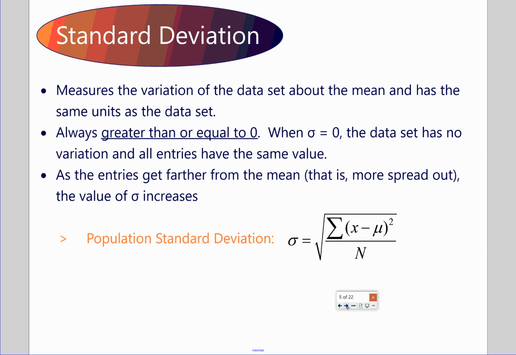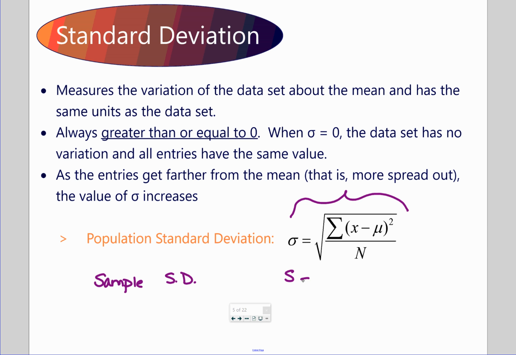Standard deviation, all we do is take it one step further. If you look at the formula down here, I don't have my sigma squared anymore. It's just a sigma. And over here, I've taken the square root. So it's pretty much the variance formula. We took the square root on both sides. This gives us population standard deviation. We will also have sample standard deviation, which looks like the following.